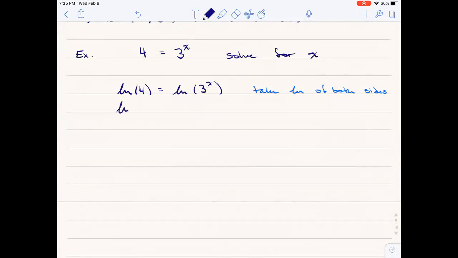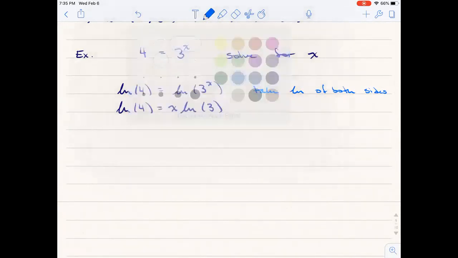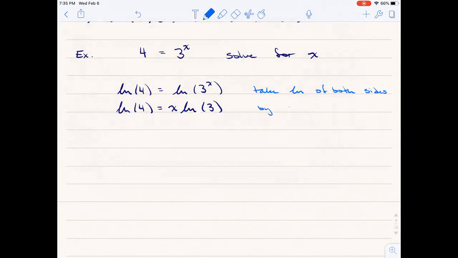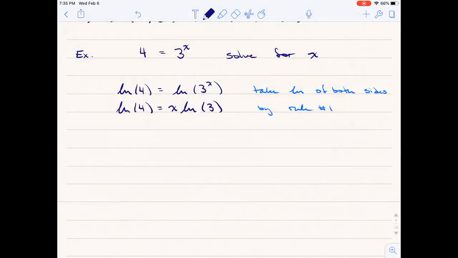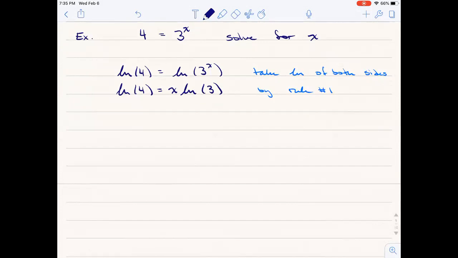So now we have the log of 4 is equal to x times the log of 3, by rule number 1 of the logs. Now to solve for x, x is the log of 4 divided by the log of 3.